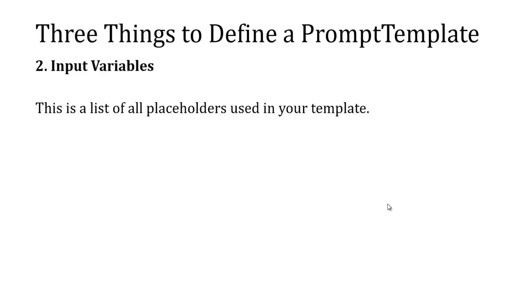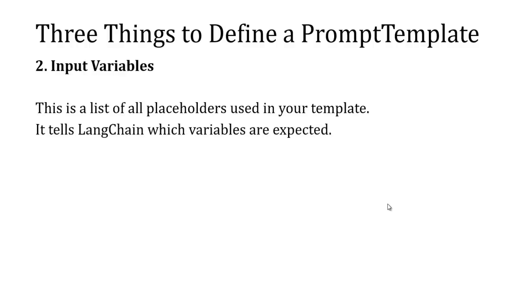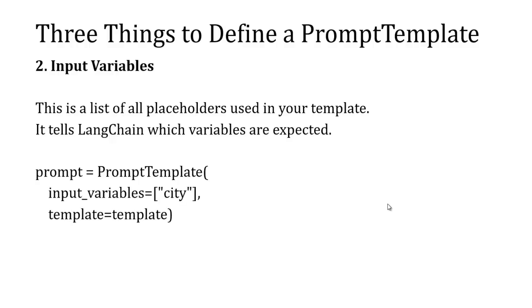Now our template is ready. Now we have to create a prompt template object which contains a very important parameter, input_variables. This is a list of all placeholders used in your template. It tells LangChain which variables are expected. Here is the example. You can see we have to define this constructor with the parameter input_variables and placeholders.